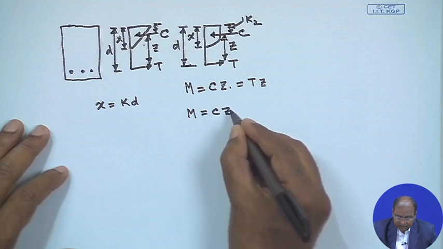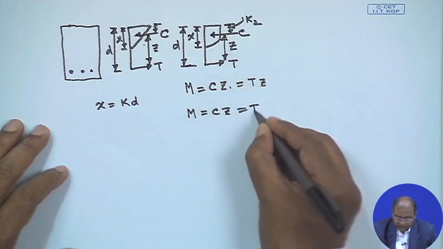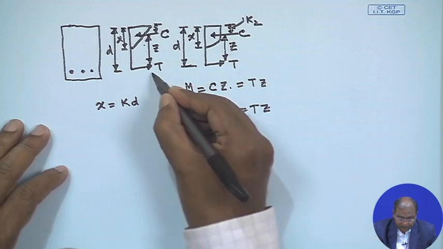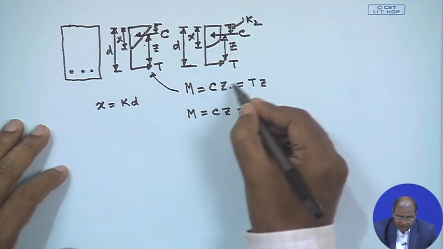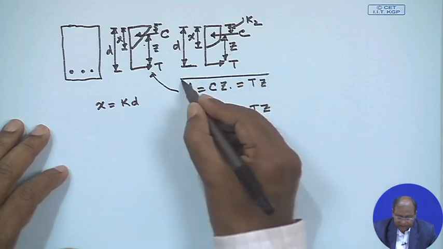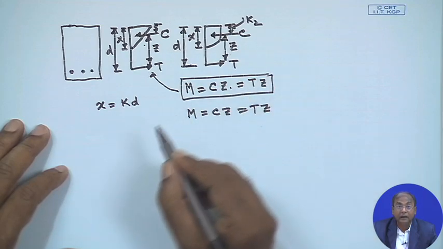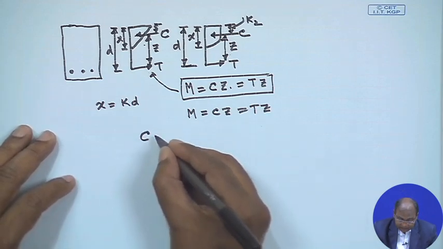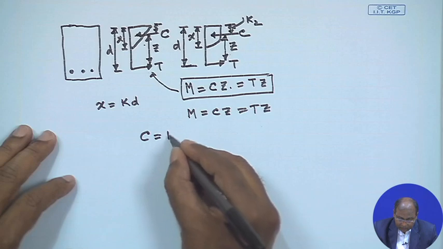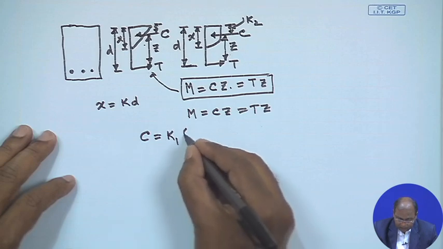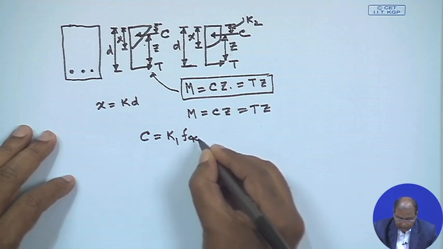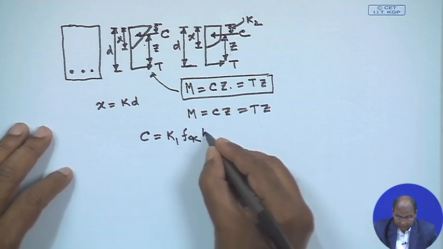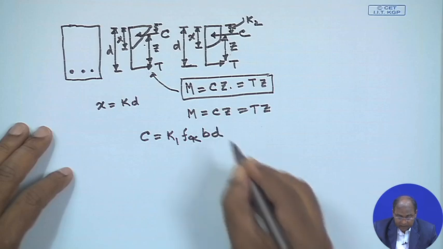So, our objective here in general is again M equal to Cz, that is, again Tz. That is the one which we have told you from this particular one here, and this also represents the same thing. And then we can say C equal to K1 fck bD.